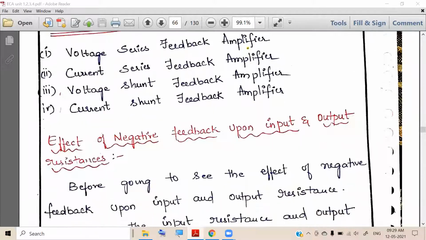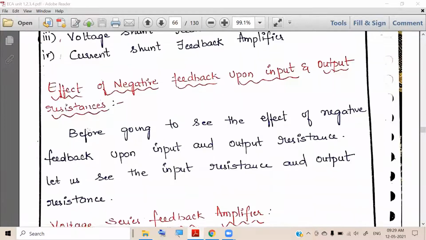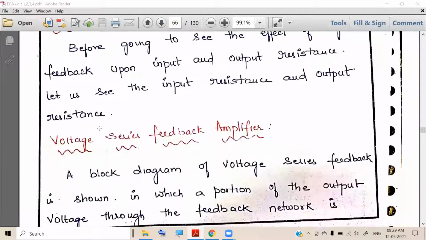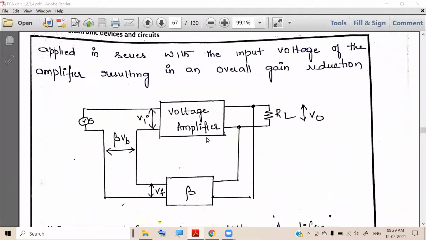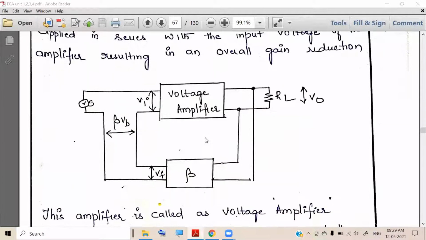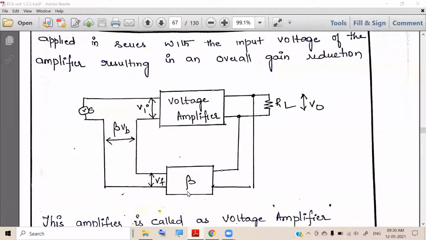Then let us discuss the voltage series feedback amplifier. This is the block diagram for the voltage series feedback amplifier. This is the voltage amplifier block with gain capital A. Then this is the feedback network, and the gain of the feedback network we will represent as beta.